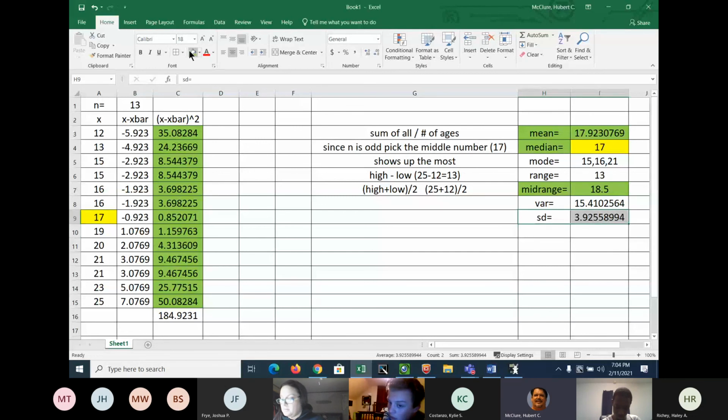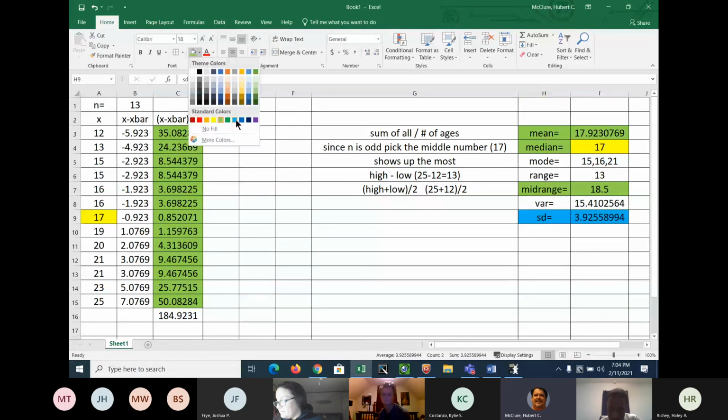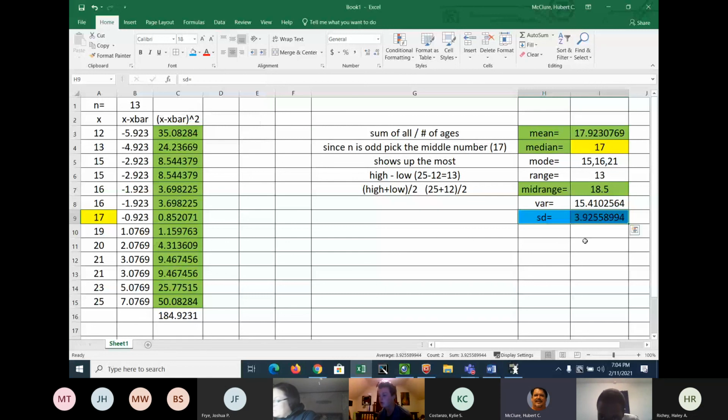Raise it to the 0.5 power, and you should get 3.92, and that's the standard deviation. Yes, ma'am. 15.41, no, that's the variance. Sorry. Then raise that number to the 0.5 power, and you should get 3.92558994.